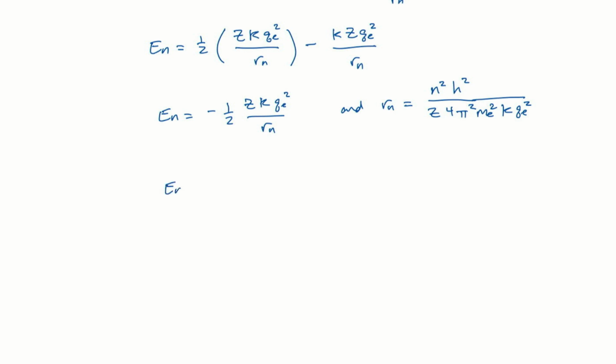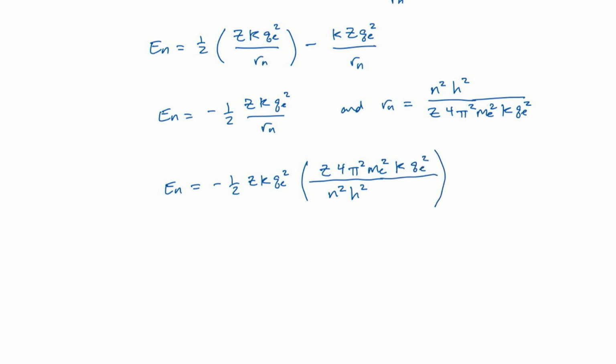So E sub N is minus 1/2, Z, K, Q sub E squared, and now substituting for R sub N, we write the numerator: N squared H squared, over the denominator of Z, 4 pi squared, m sub e squared, K, Q sub E squared.